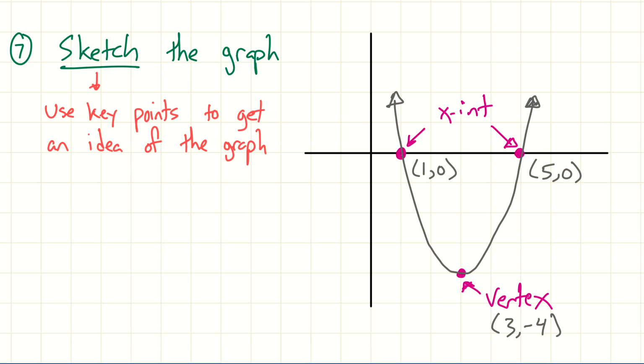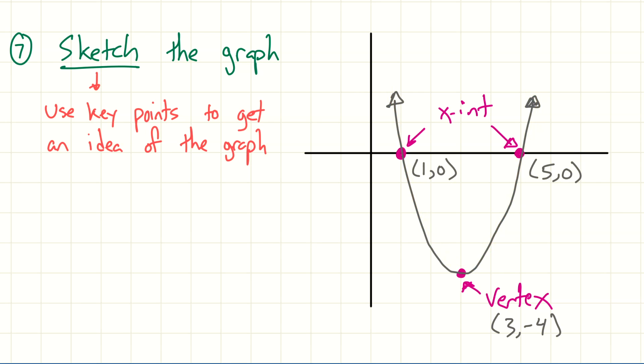You'll notice I only have 3 points, the x-intercepts and the vertex. So 3 points is all you need, and you could get a pretty good idea of where this parabola is. Plot those points, and it definitely helps to label those points, and then the vertex as well. And then sketch a good picture of that as best as you can.